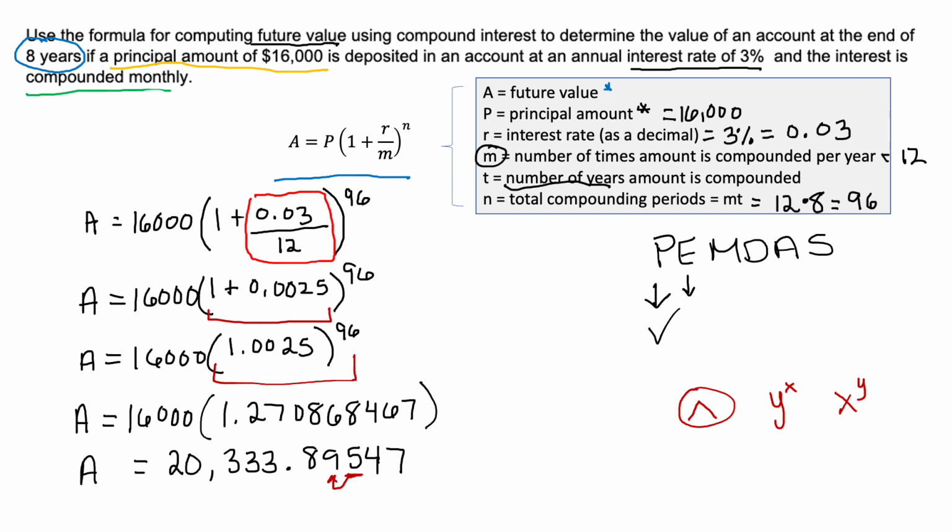So the 9 rounds up to a 10, meaning that 8 now rounds up to a 9. So our rounded value is $20,333.90. And that is our final answer.